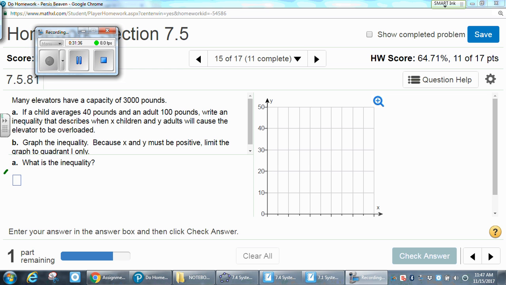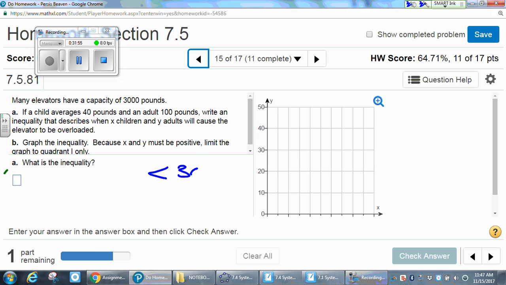Okay, guys, for the next one, you have to come up with an inequality that matches the statement. We have an elevator with a capacity of 3,000 pounds, so the combined weight cannot exceed 3,000 pounds. That means equal or less than 3,000.